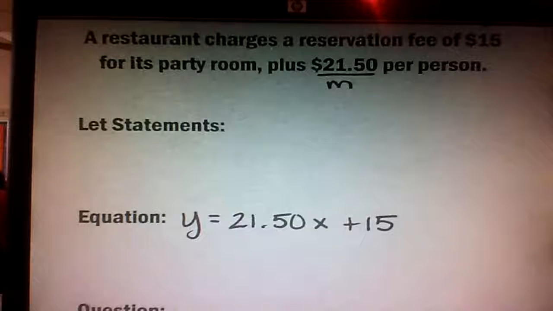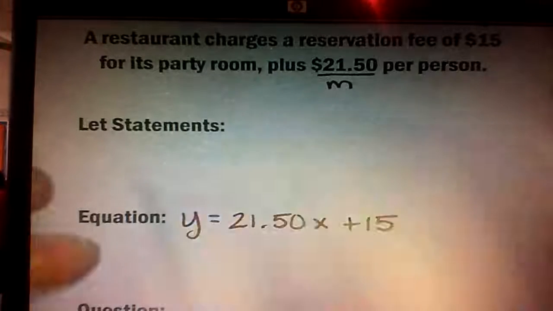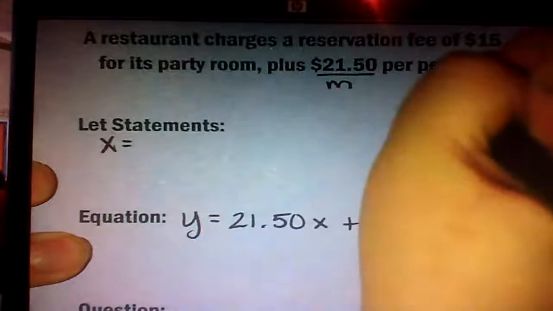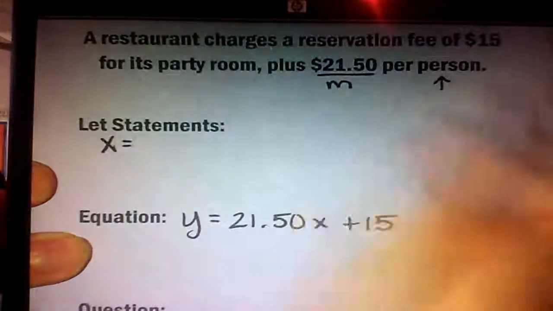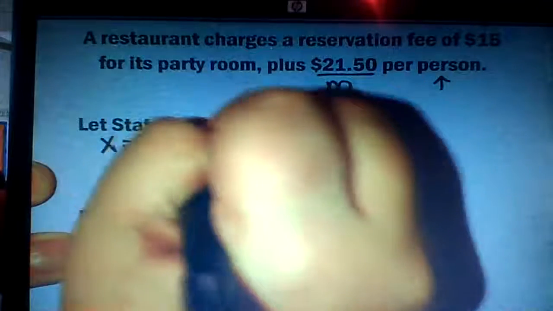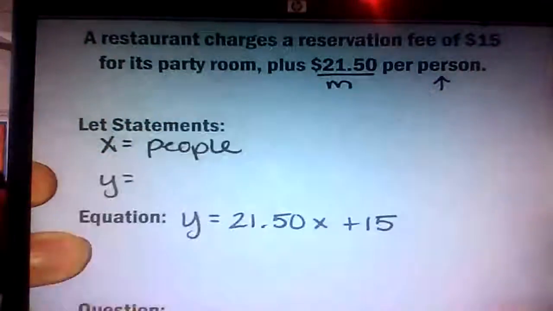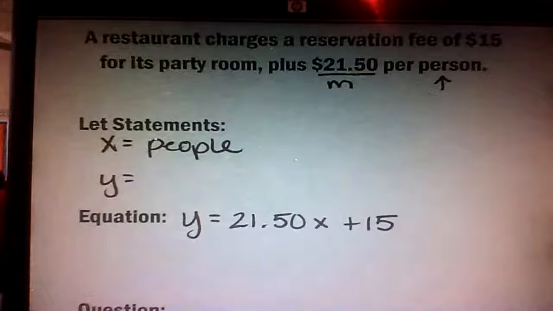Okay, let statements. You need to tell them what x represents and what y represents. So what does x represent in this problem? The people. Okay, $21.50 per person. So x is the number of people. What is y going to represent? The fee.